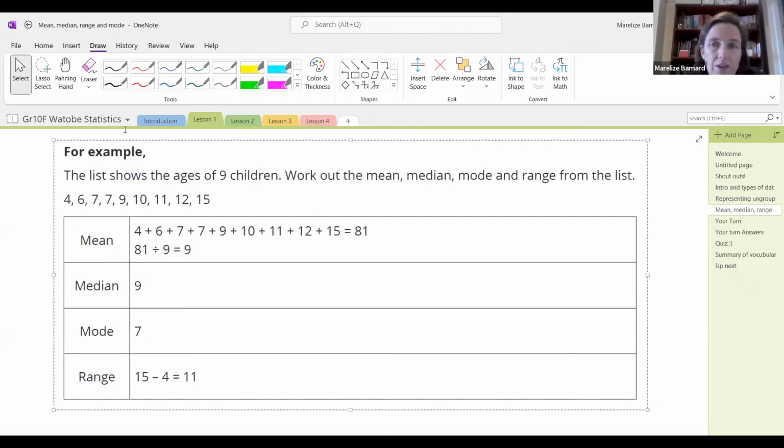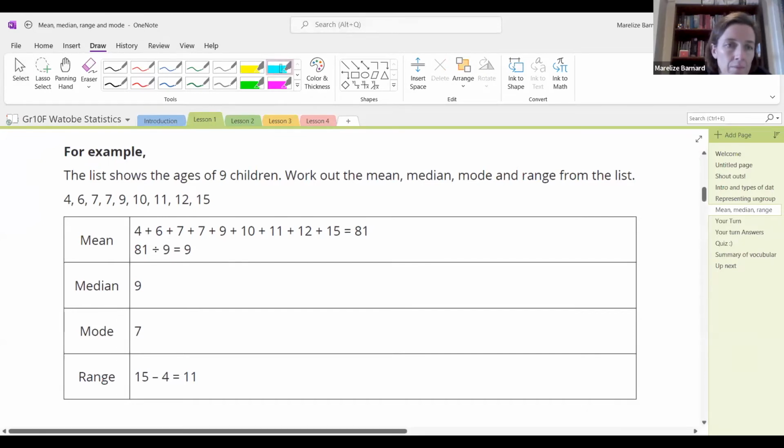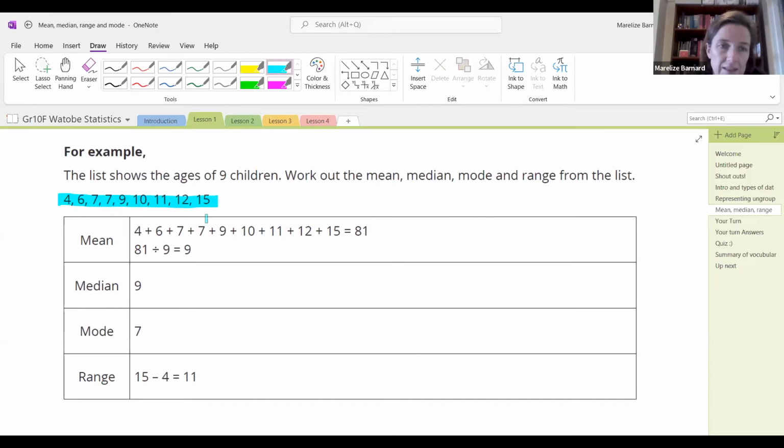Okay, so let's do another example here. The list shows the ages of 9 children. Work out the mean, median, mode, and range from the list. So our list is over here: 4, 6, 7, 7, 9, 10, 11, 12, 15.